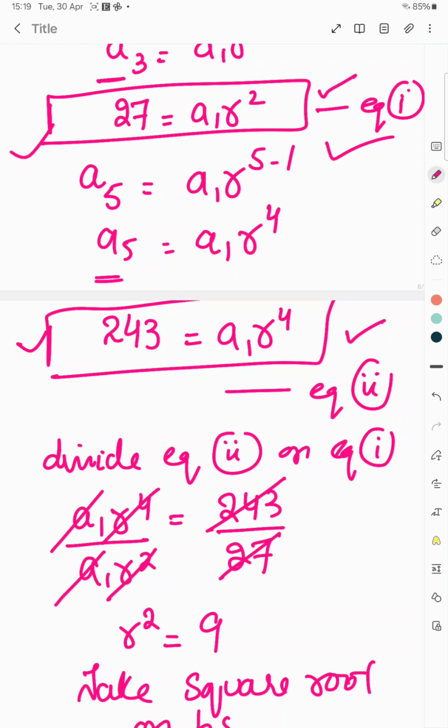Okay student. If you want to put the value of r in equation 1, you can put it here. If you want to put it in equation 2, you can also put it here. So you will get the value of a1. So I will put the value of r in equation 1.